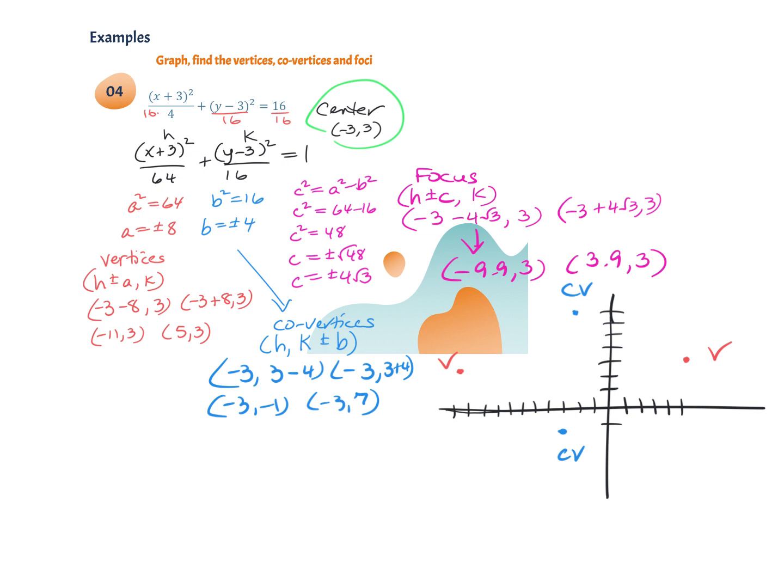So negative 10, positive 3, focus point. And then almost a 4, 1, 2, 3, 4, and then 3, another focus point. And again, connect the vertices and the co-vertices and make it kind of oval, with a nice little bend to it. The center point was negative 3, positive 3, so there's your center.